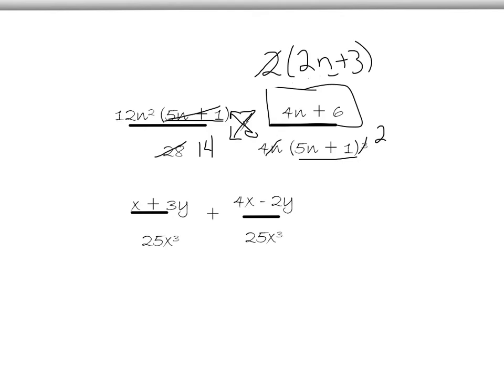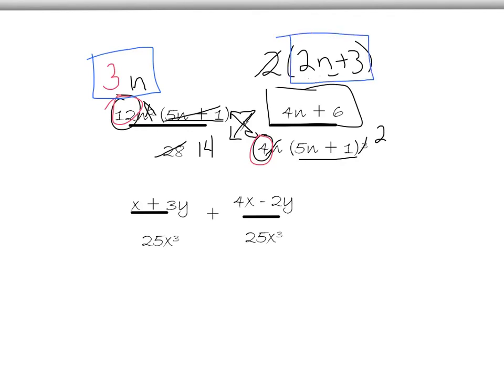Now canceling an n, this will be just n to the first, or just n, and I see a 4 and a 12. Okay, 12 divided by 4 will just be 3. So this is what I have left here.